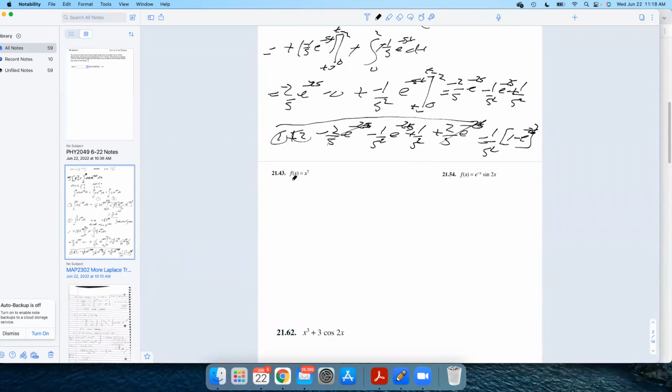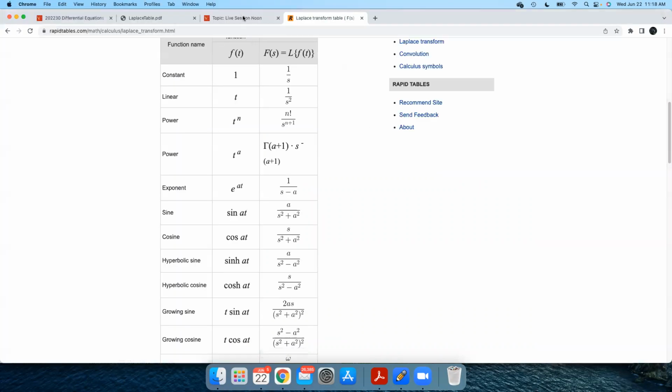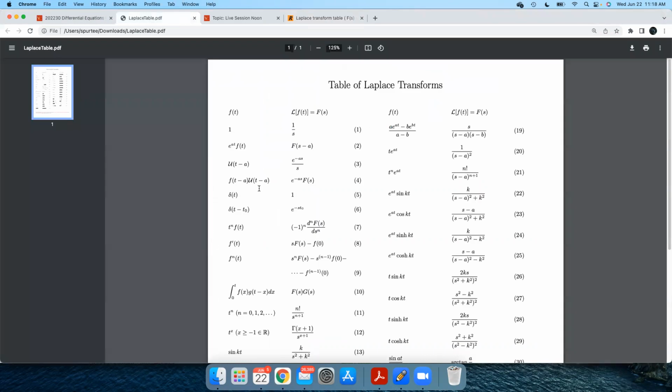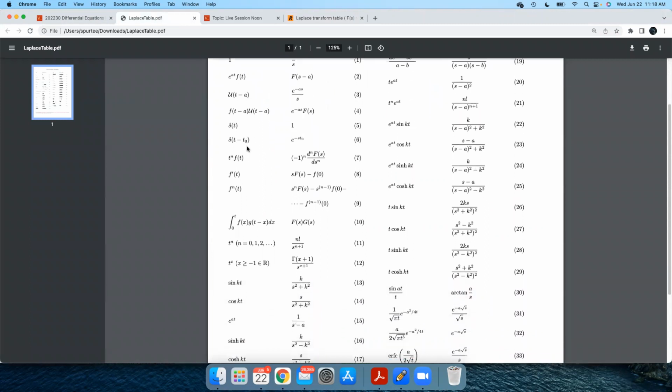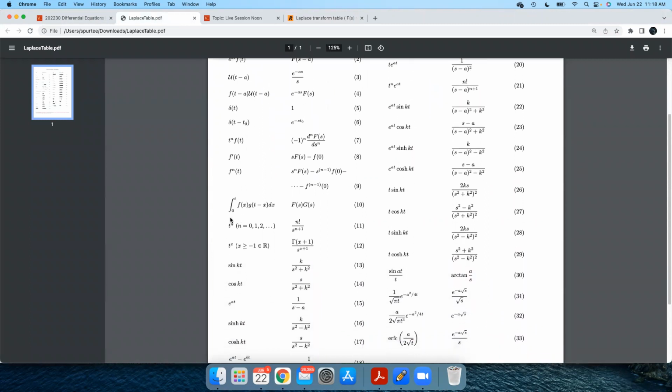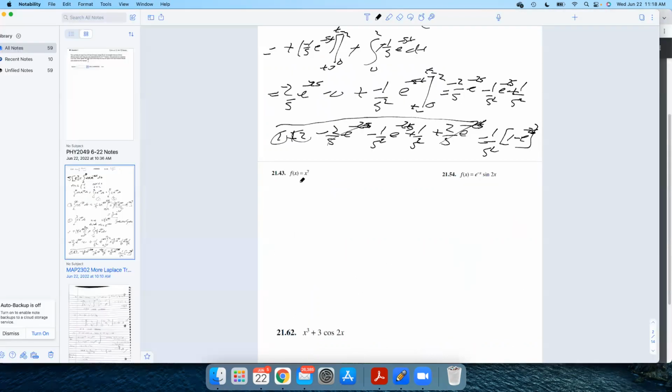So I've got f of x is x to the 7th. So I'm going to look at my table and I'll use the one that's in the Canvas page. So that would be here. So t to the n. I kind of want to look at this and think of that as f of t is t to the 7th.